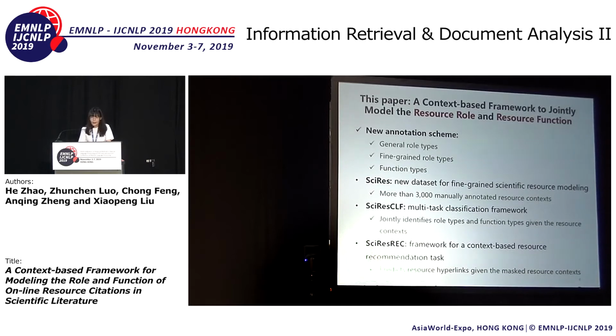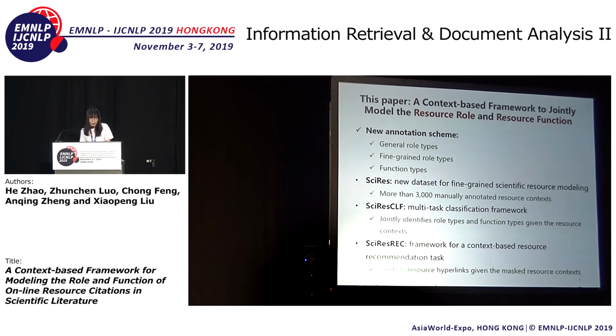In this paper, we propose a context-based framework to jointly model the resource role and the resource function. First, we introduce a new annotation scheme which can jointly model the general role types, fine-grained role types, and the function types.